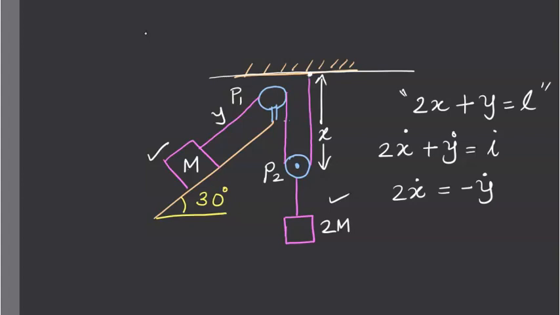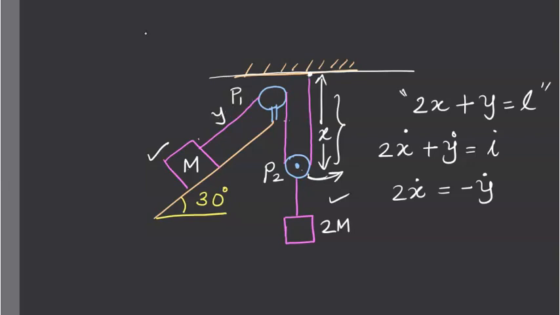So what is x dot? x dot is nothing but the rate at which the pulley's coordinate increases. That means this length increases, and y dot is the rate at which this particular length decreases.